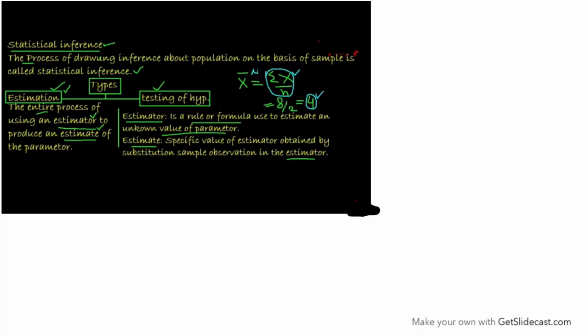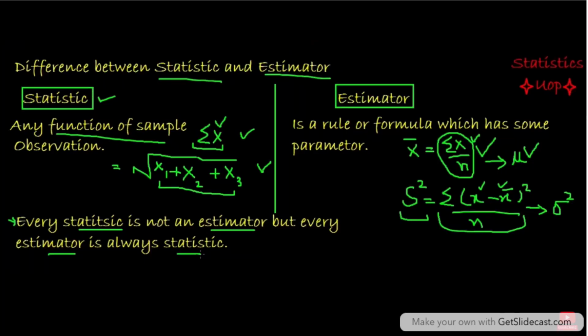Based on what we are saying, you understand that there is a difference between a statistic and an estimator. A statistic is any function of sample observations, while an estimator is a rule or formula which has some parameters.